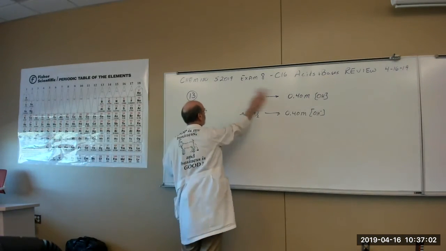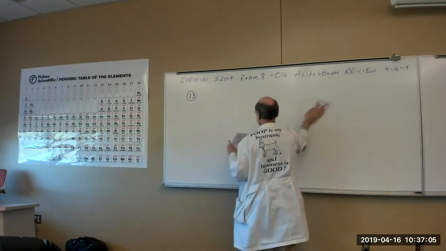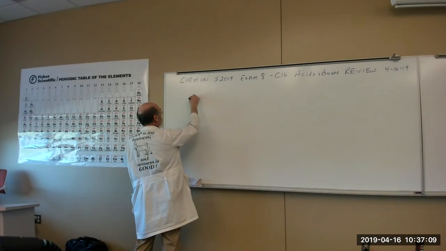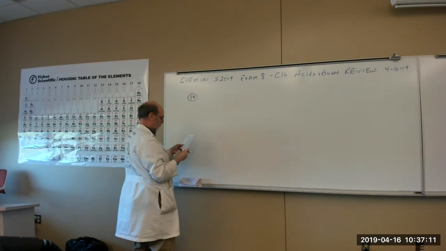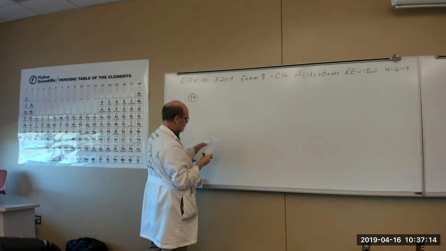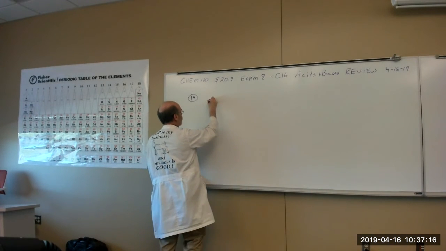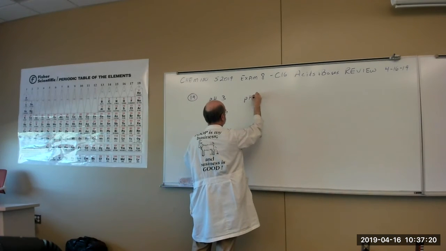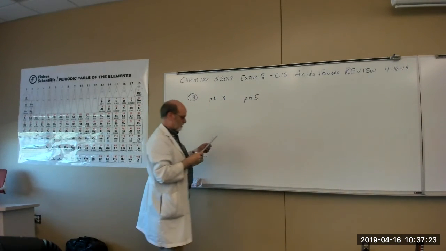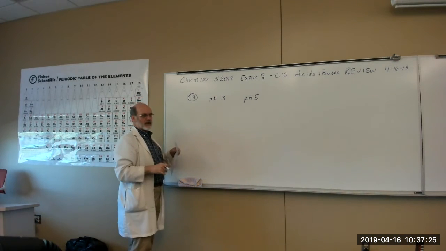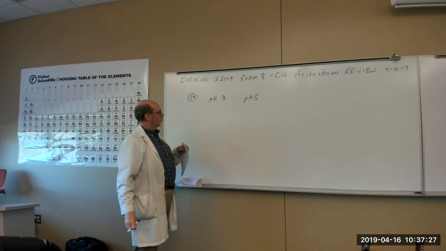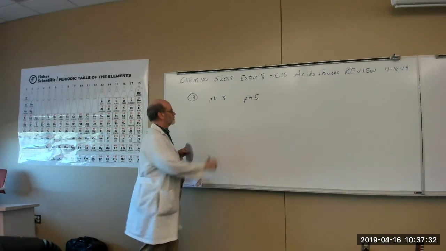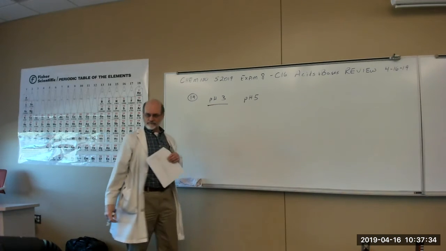How about 14? Just to see if that point stuck with you. Say you have a pH of 3 and a pH of 5. Which solution has more hydrogen ions, first of all? That one, right?